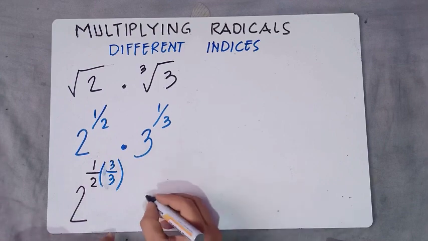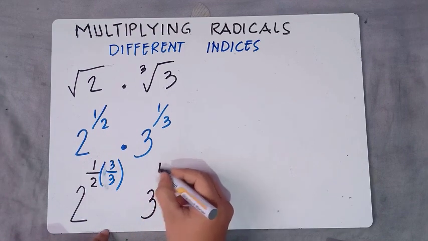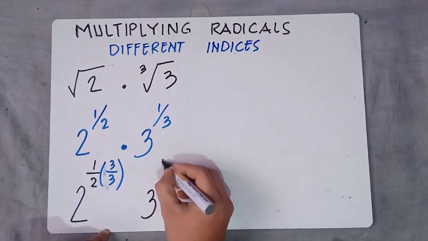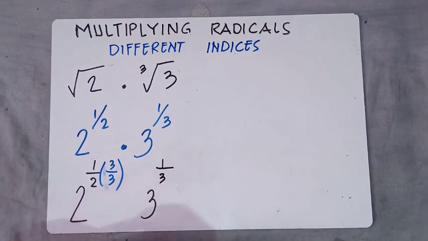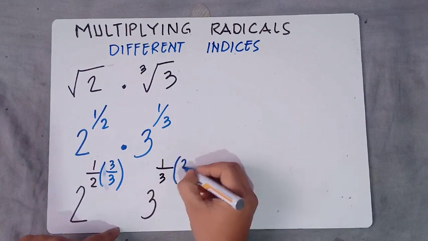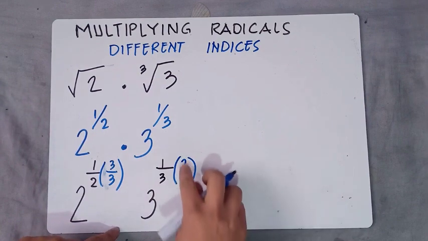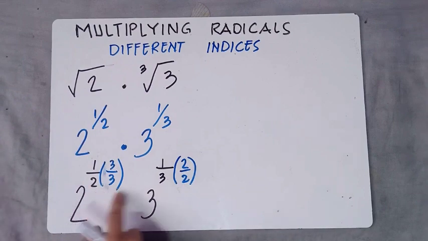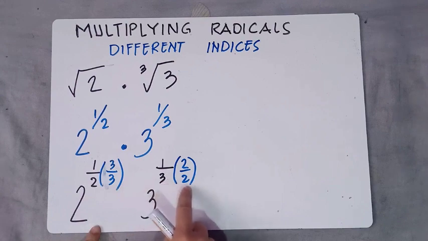And for this side, 3 raised to the power of 1/3, you multiply it by 2 over 2. Sir, why is that? So that the indices will be the same, because 2 times 3 is 6. 3 times 2 is 6.